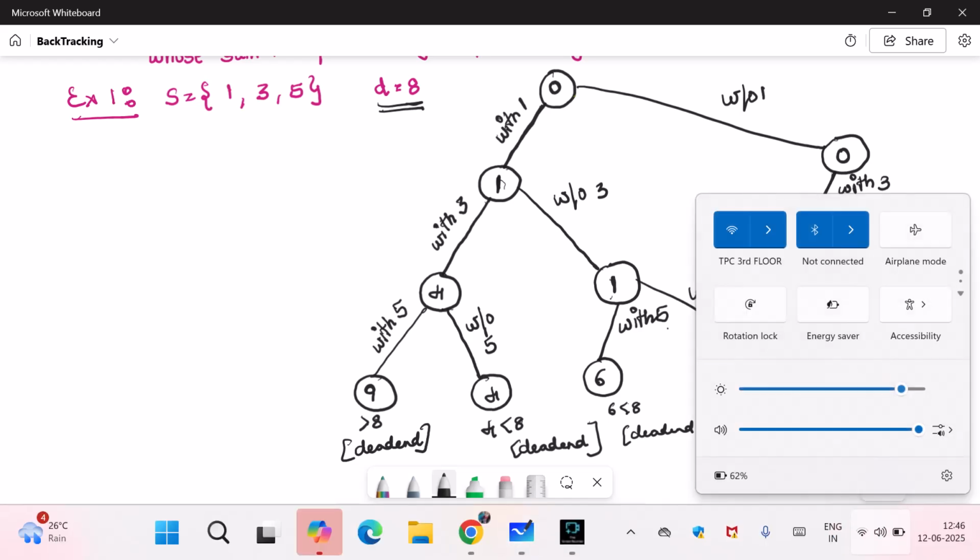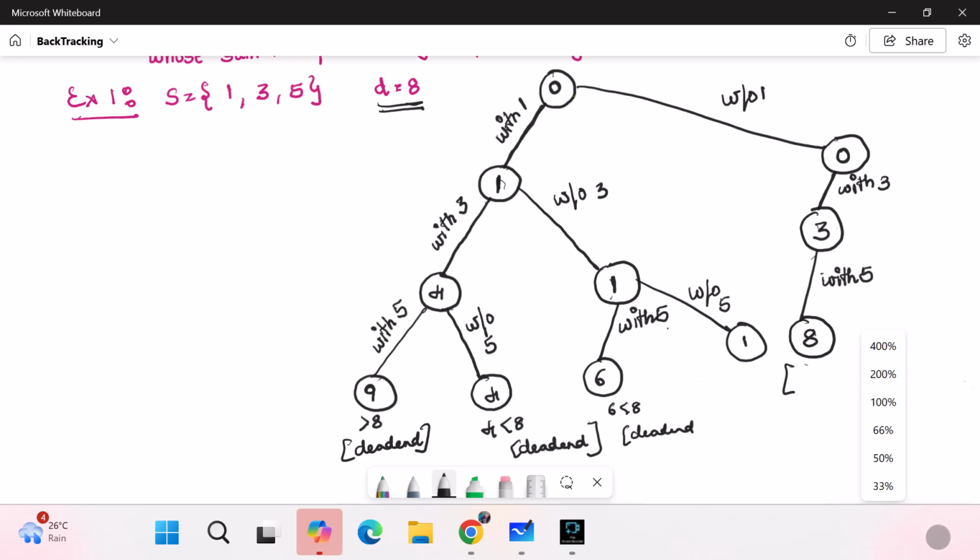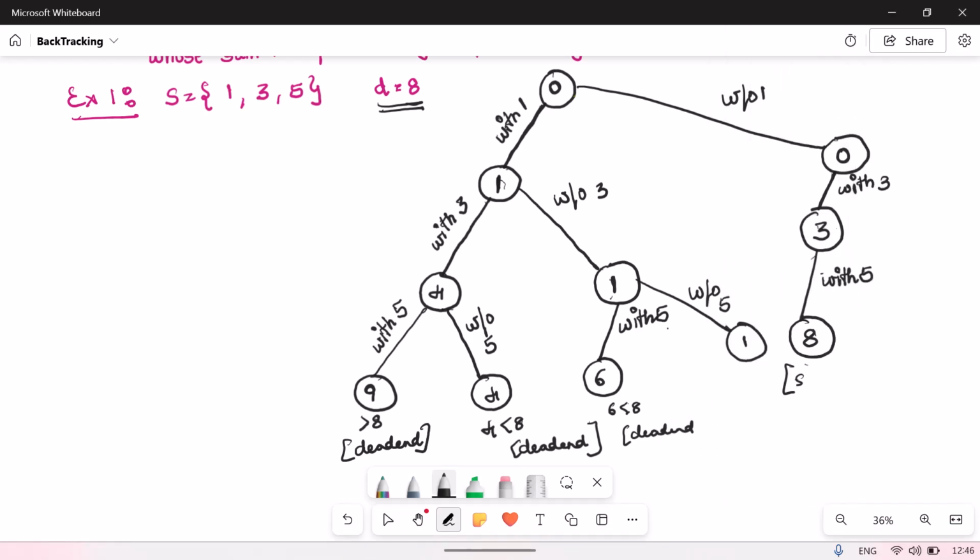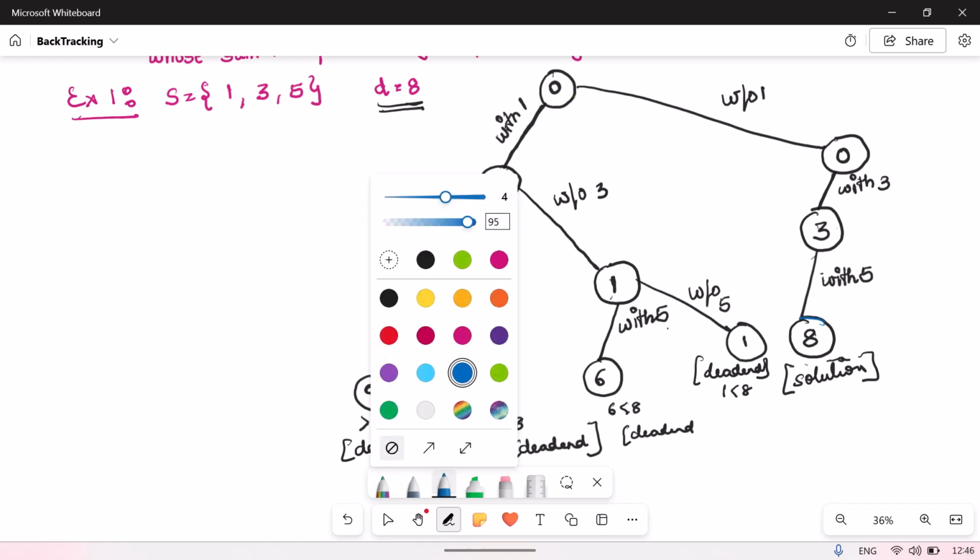So I have got one solution. This one is less than 8, a dead end. But this is a solution. How did I get that?